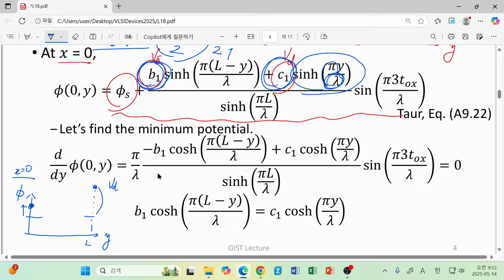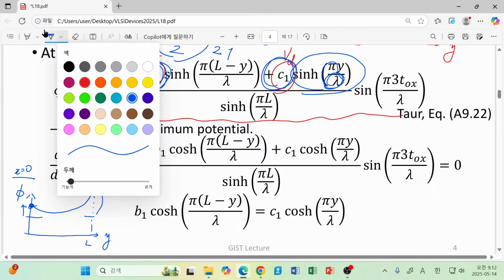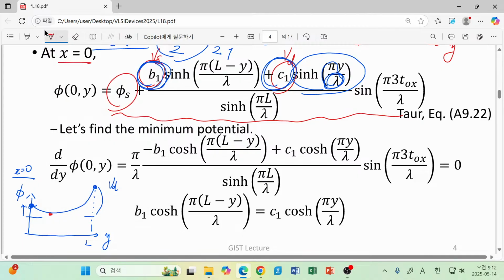So from the viewpoint of our electrons, if we have this kind of behavior for phi, the most important part would be this point, the lowest one.